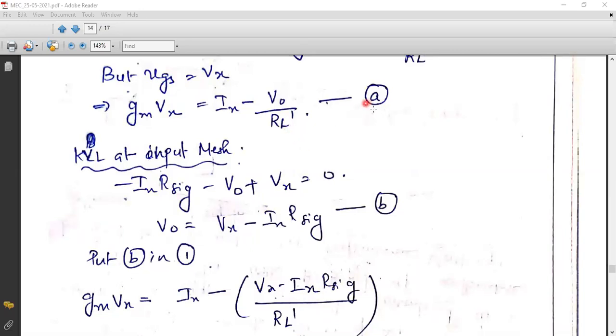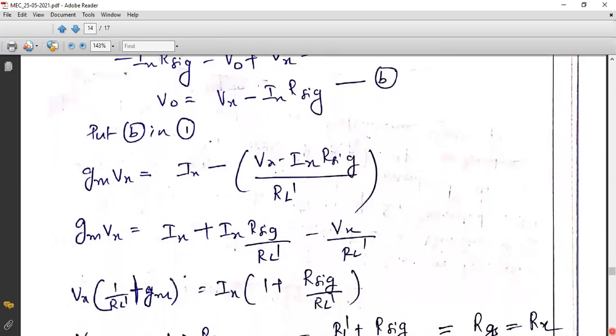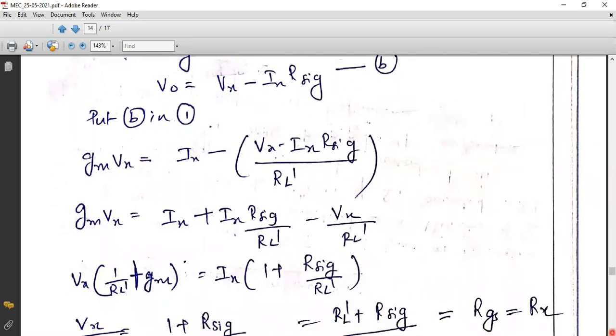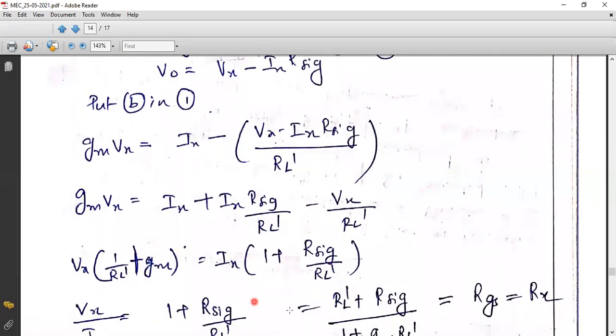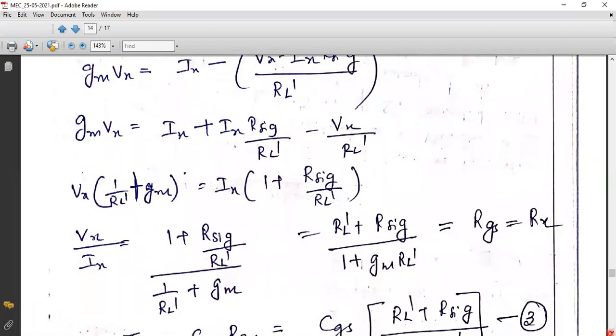In that way, equation number A has been rewritten. Open the brackets and take all the terms consisting of Vx to the left hand side and retain the Ix terms in the right hand side, so that we can find the ratio between Vx and Ix after taking the common factors. Please do it. Simple maths.